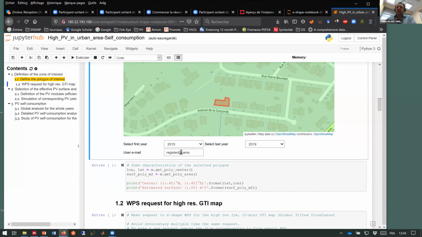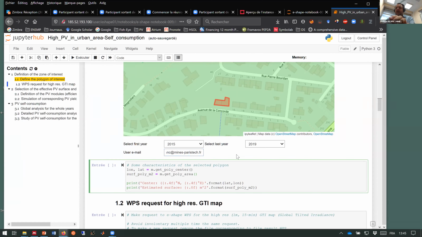Don't forget to set your email address that has been registered in the CAMS radiation site. Okay. So this is registered.